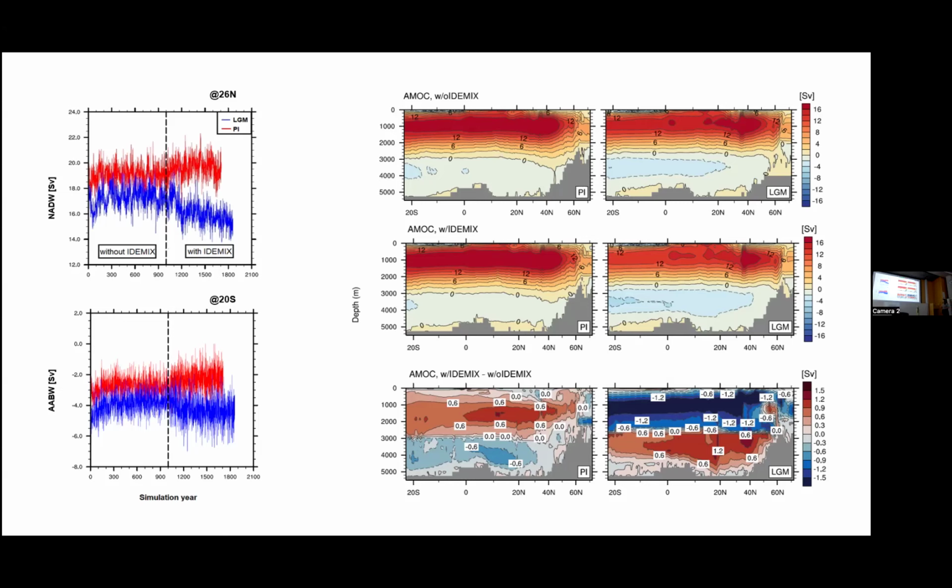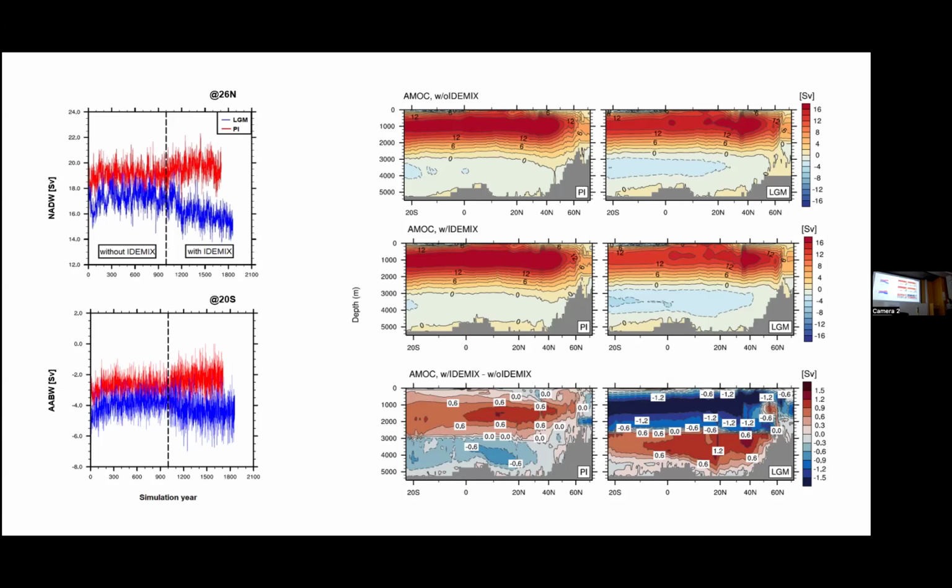So what might cause this result? If we think about it, it actually makes sense that this Antarctic bottom water got stronger with IDEMIX, whether it is too much or less than we expected, because we know that LGM tidal forcing is stronger than PI, and IDEMIX only works with the tidal forcing.